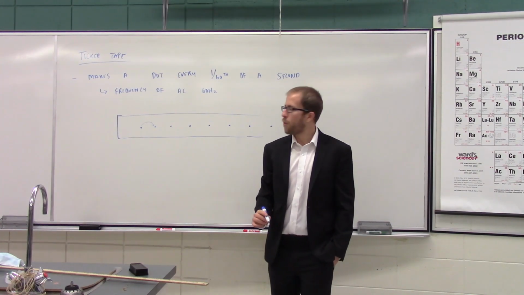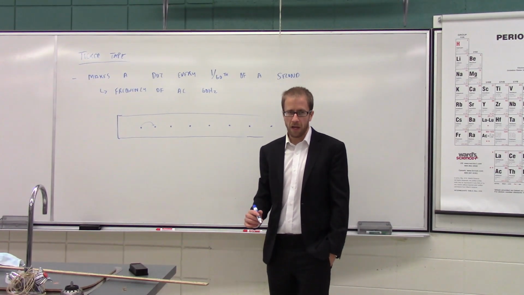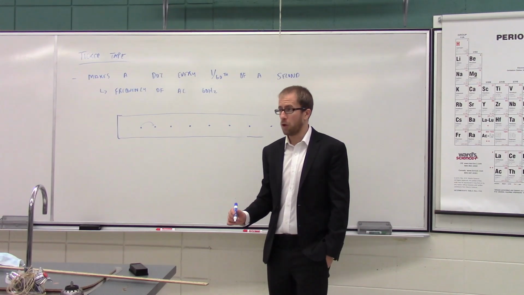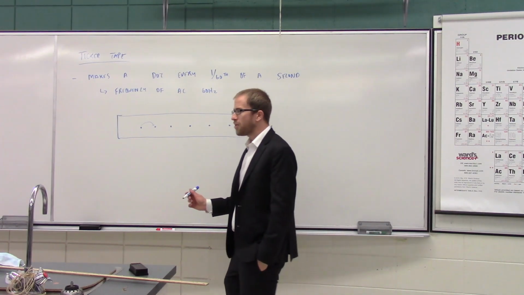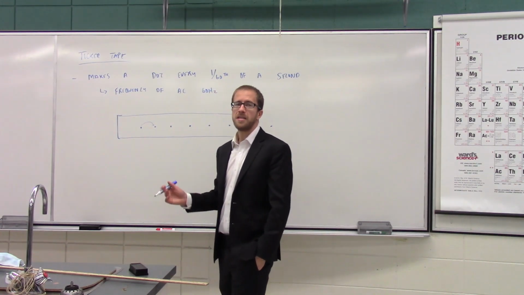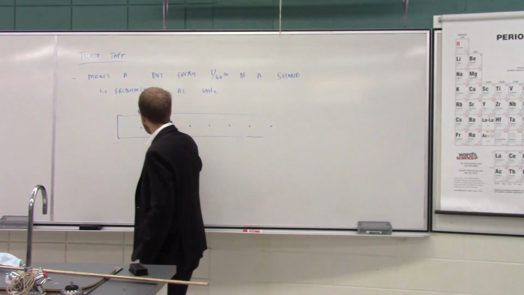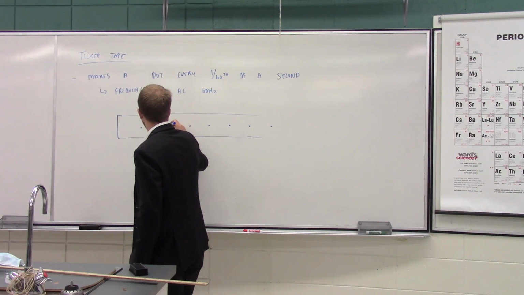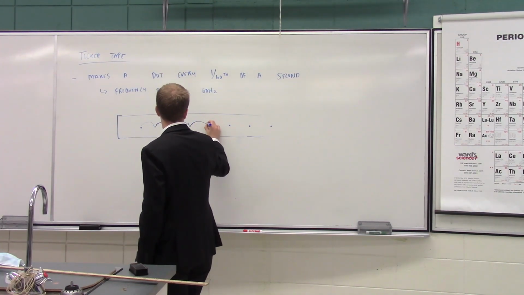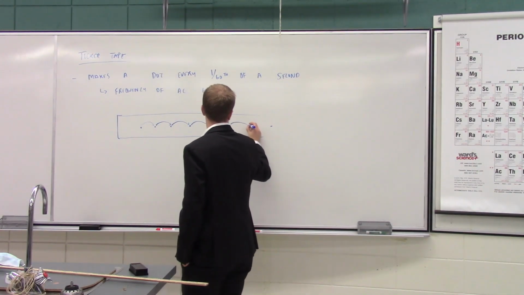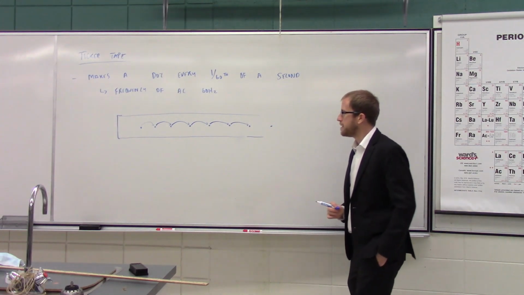Okay? So what I want you to do for each of your calculations of the velocity of your car is choose a series of dots. Now, I'm going to say 6 gaps. Now, why 6 gaps? It's going to make your math nice and easy in the end.